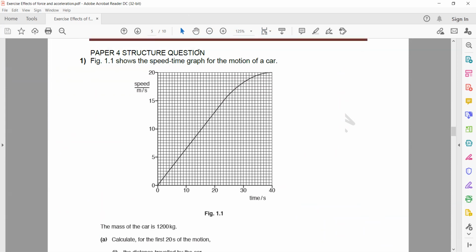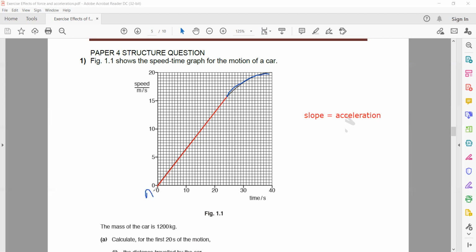Example, a speed time graph is given, and keep in mind the slope of a speed time graph represents acceleration. So first it is a straight line and then it is a curve.